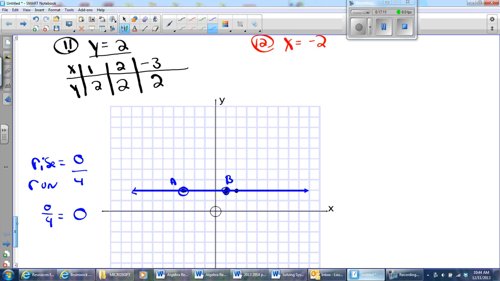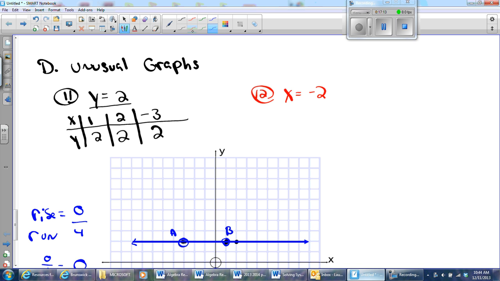Okay, let's look at the red one. X equals -2. Now, I'll bet, as smart as some of you are, you can make a prediction about what this line is going to look like. Y equals 2 was a horizontal line. X equals -2. What do you think it's going to be? Well, let's see. What's X? Well, it's -2. How do I know? Because X equals -2. Let's put 0 in for Y. Okay, what's X?